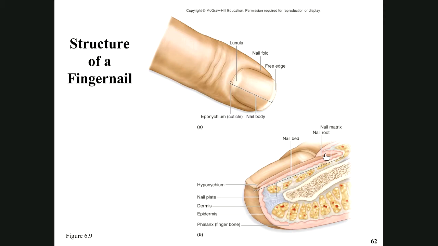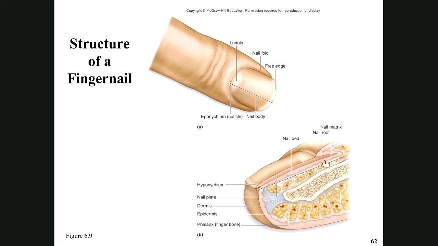The other part of the nail is called the nail bed. The nail bed is a layer of living epidermis covered by the nail body, and here you can see the nail bed. When you continue from the nail bed, you can reach the nail matrix.